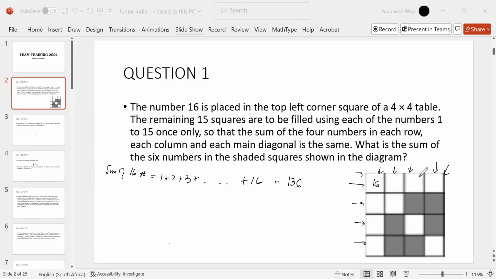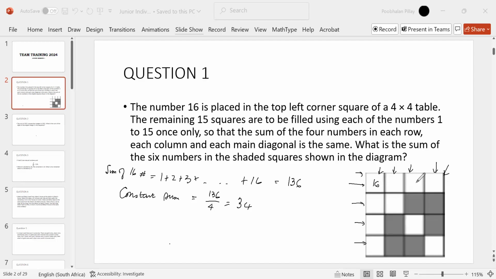But now, that 136 is divided into 4 equal rows, for instance. So the sum in each row, what we call the constant sum, and this is the sum of the numbers in each of the 4 rows, each of the 4 columns, and the 2 diagonals, will have to be 136 divided by 4, because 4 equal numbers add up to 136.